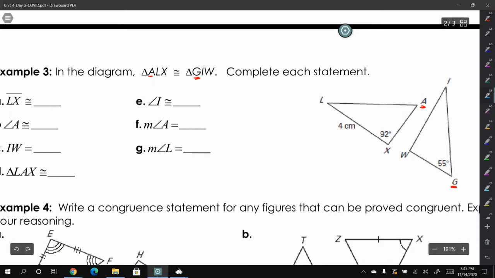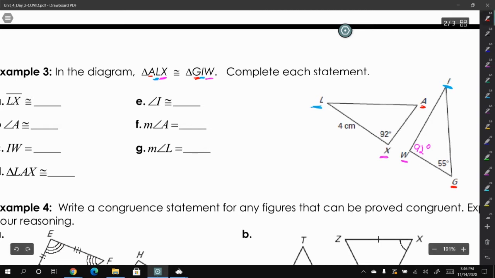Okay. L and I are both second, so I'm going to underline L and I in the next color, so I know that they go together. And then in pink, I'll do X and W, so they go together. So what that allows us to do is to fill in some missing information. If X is 92 degrees, that means angle W is also 92 degrees.